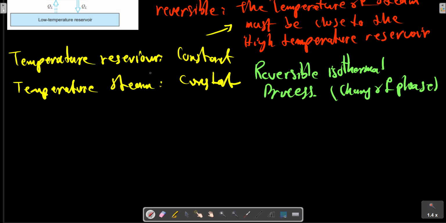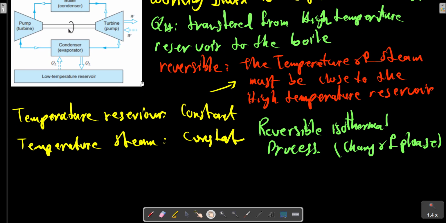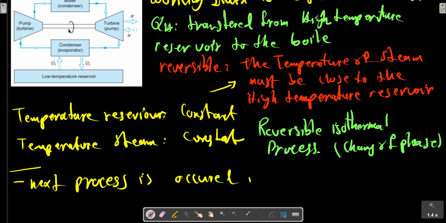The next process occurs in the turbine without heat transfer and is therefore adiabatic. Let me show the turbine.